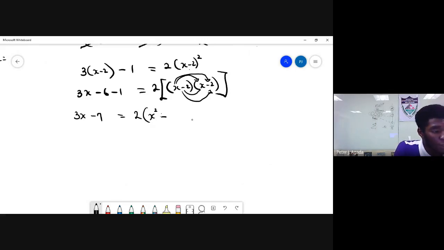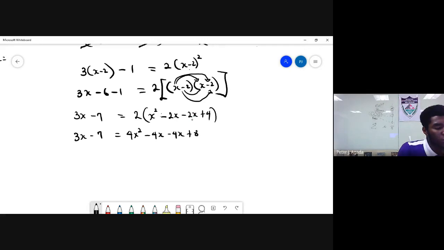So x squared minus 2x minus another 2x plus 4. If we continue further, we can have 4x squared minus 4x minus 4x plus 8.